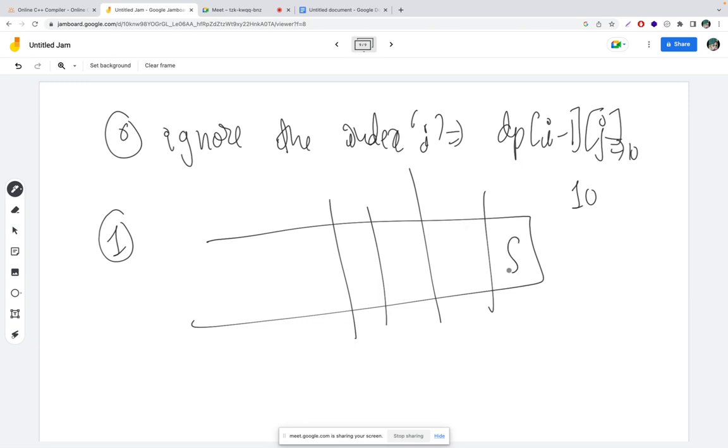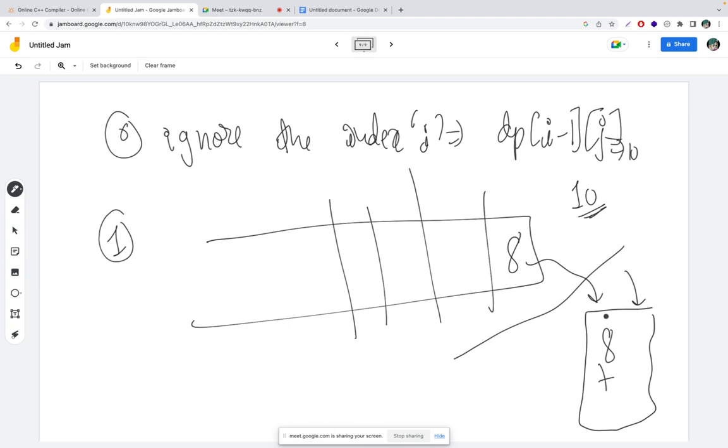Say you have an 8 written here. You have a basket, and you want a sum of 10 in this basket. If you include 8 in this basket, how much more will you need to reach 10? 2. So you ask the question: is dp of I minus 1 of 2 possible?